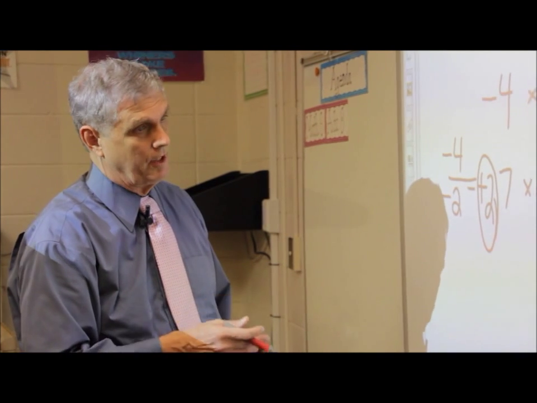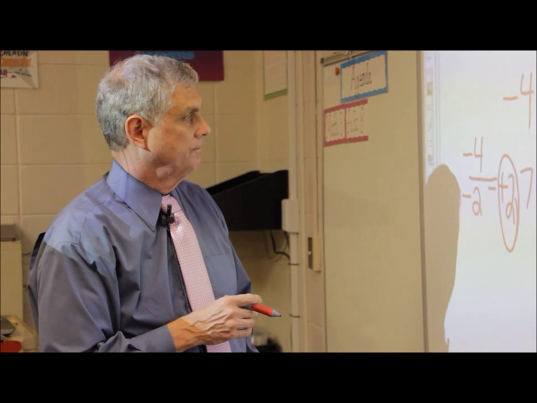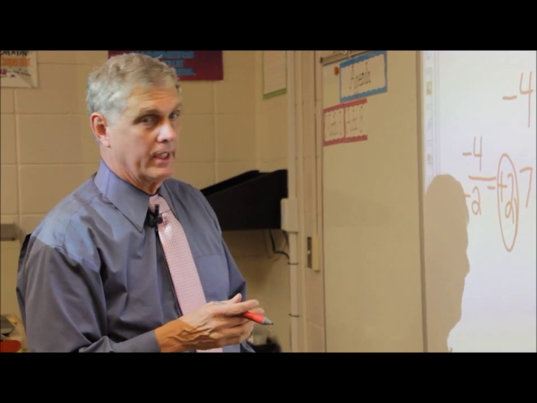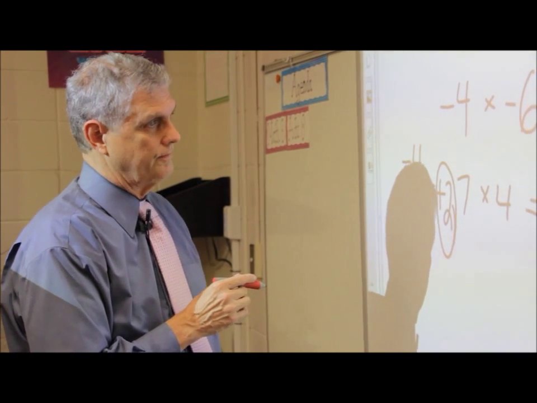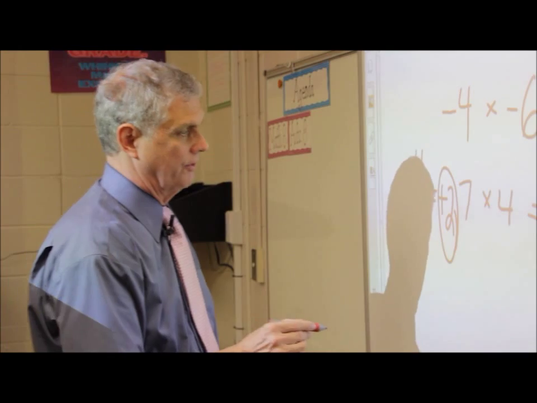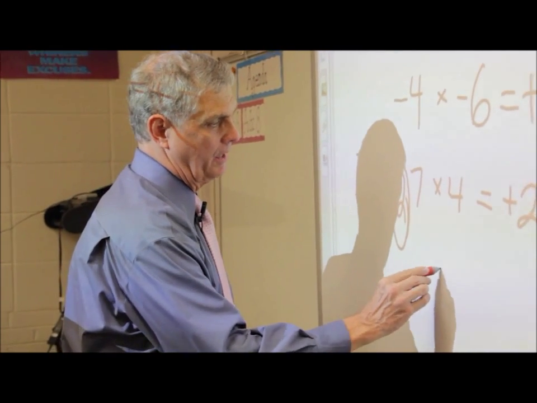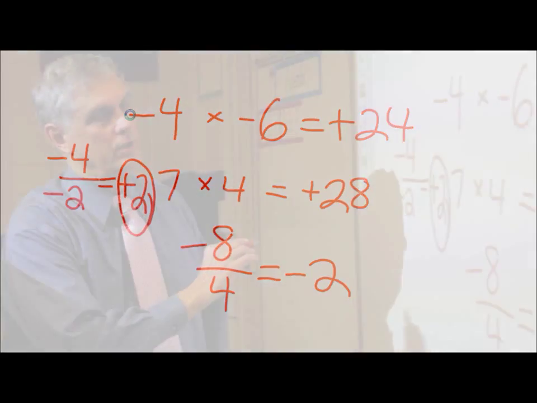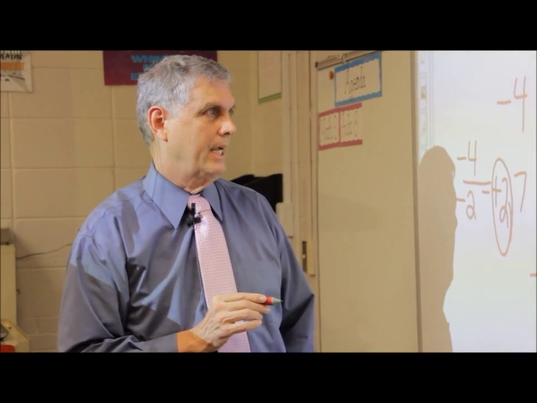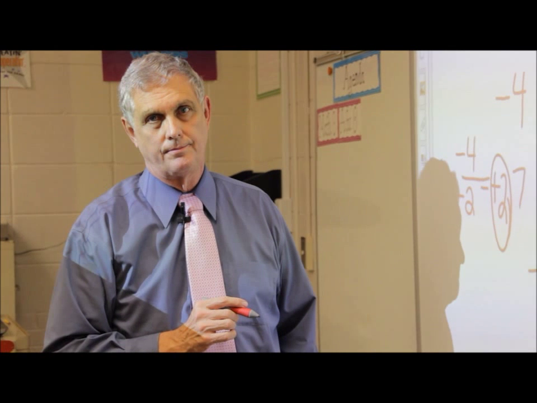If you divide a positive number by another positive number, you're going to get a positive answer. Now, if you have unlike signs, you're always going to get a negative answer. So let's say we had a minus 8 and it's being divided by a plus 4. Their unlike signs mean the answer is going to be negative, and 4 goes into 8 2 times. So those are the only rules you need to know for multiplication and division.